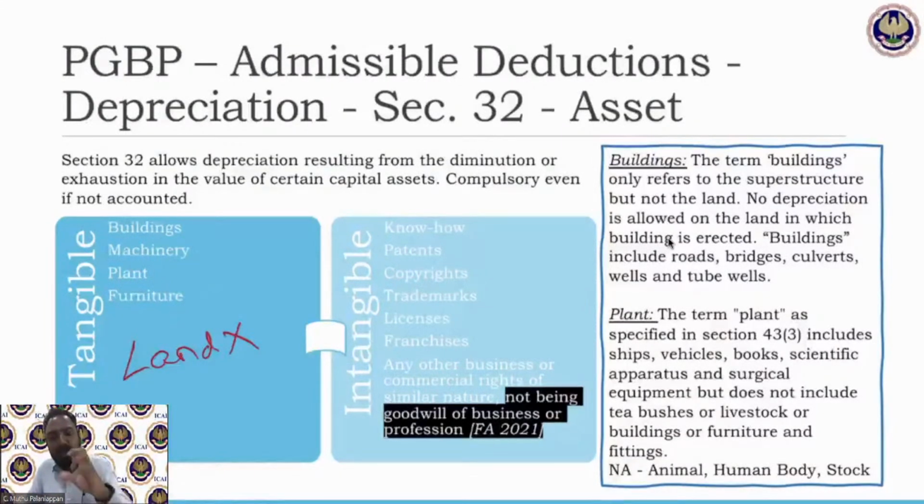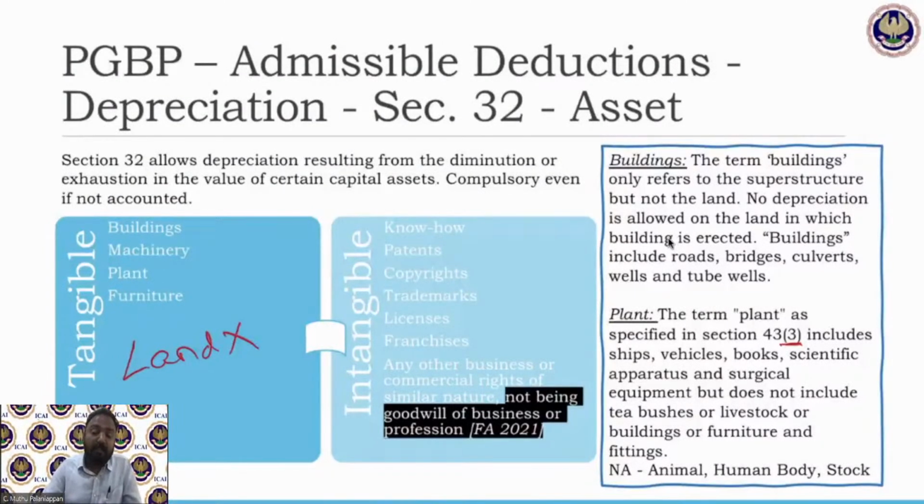The plant is also defined under section 43, clause 3. What is section 43? Section 43 is the definition section of PGBP.